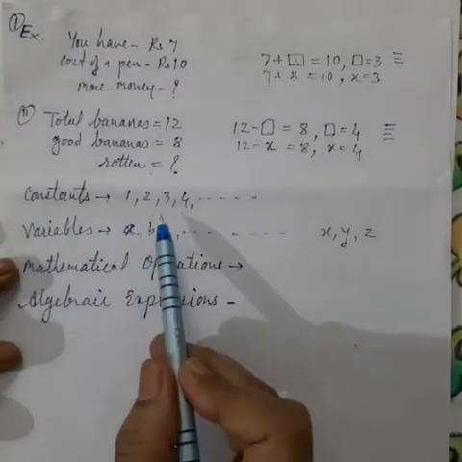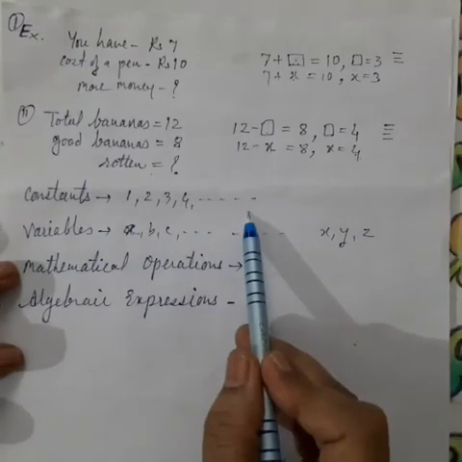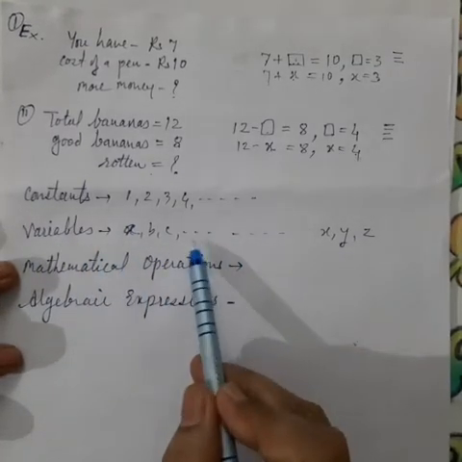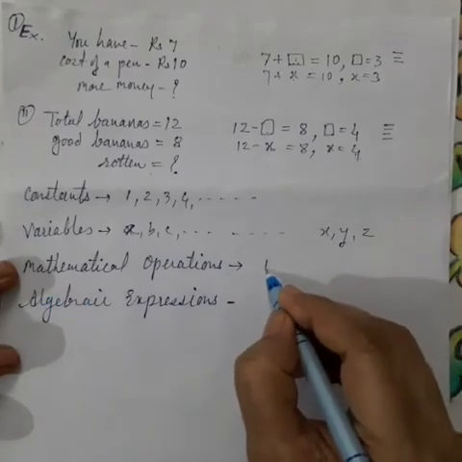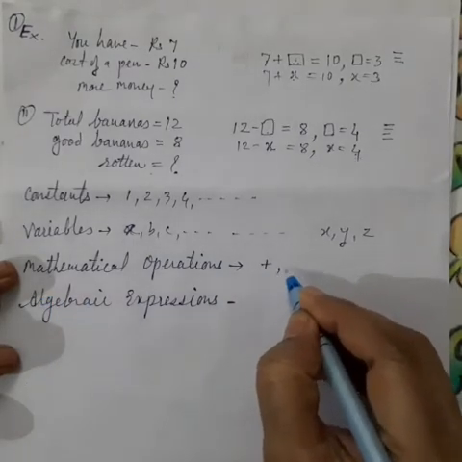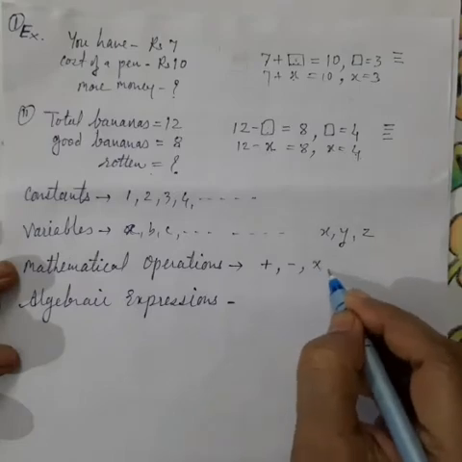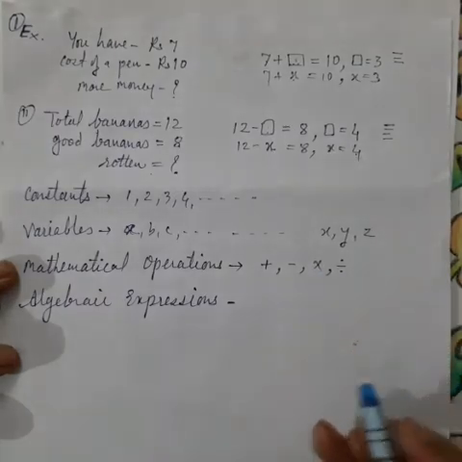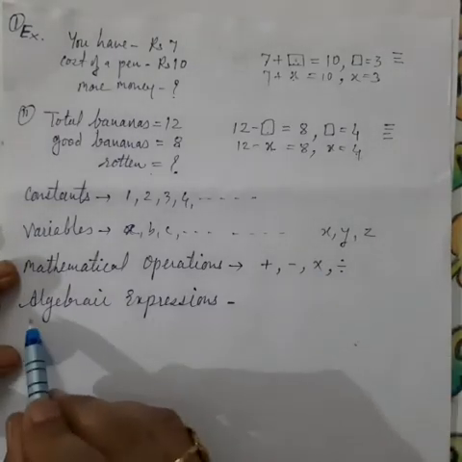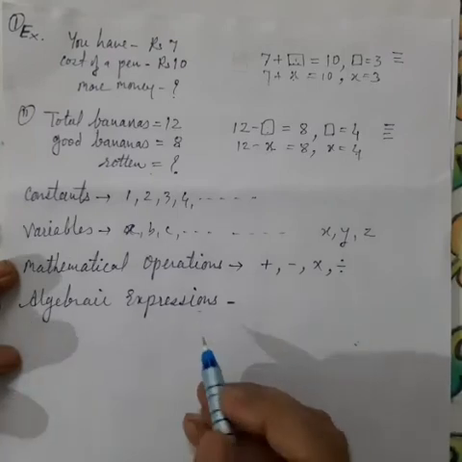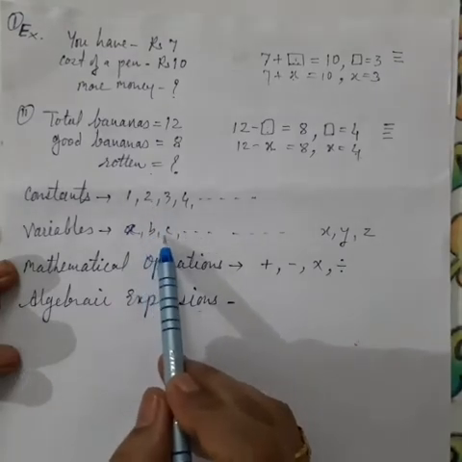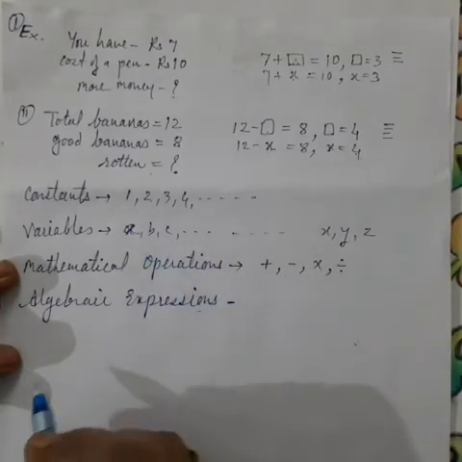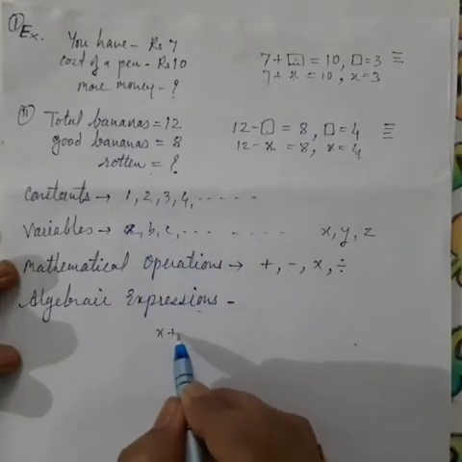Now we have constants which have fixed values. We have variables, whose values are not fixed, and we have mathematical operations also: addition, subtraction, multiplication and division. So what are algebraic expressions now? These are combinations of constants, variables and different mathematical operations, such as x plus 5.